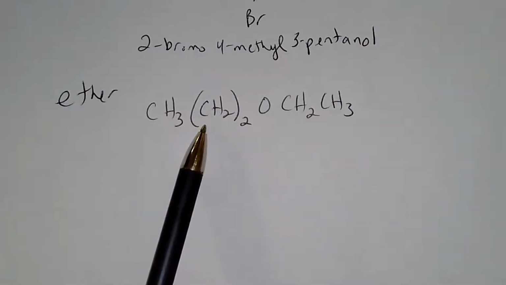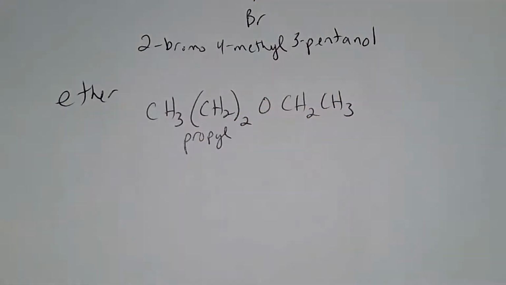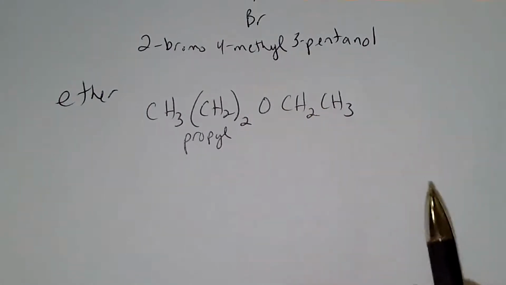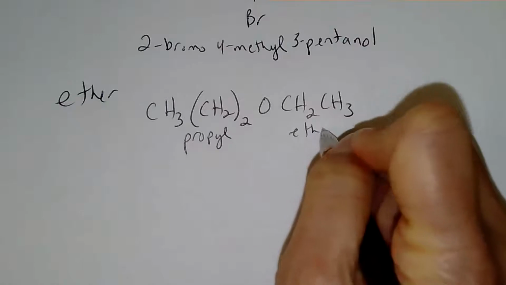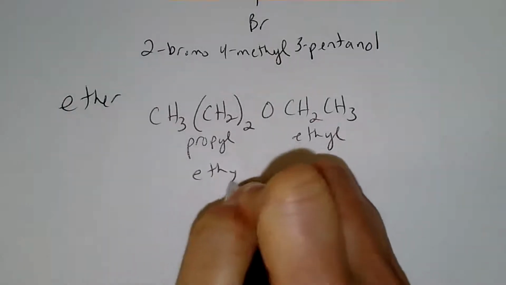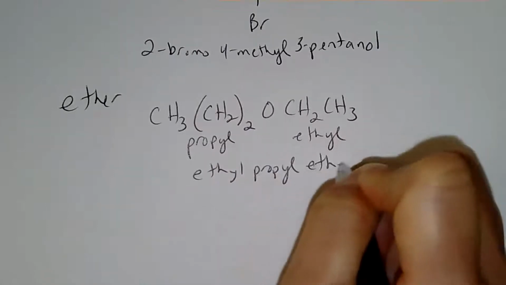I have 3 carbons in here. So this is a propyl group. While this is 2 carbons. So that's an ethyl group. So all I have to do is put ethyl in front of propyl and then put the ether. So ethyl propyl ether.